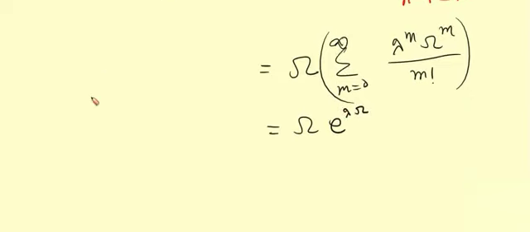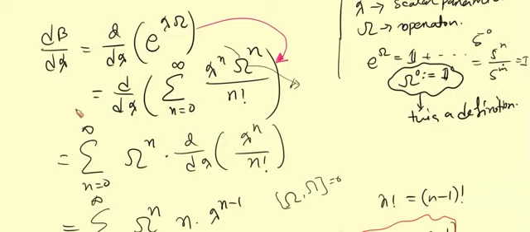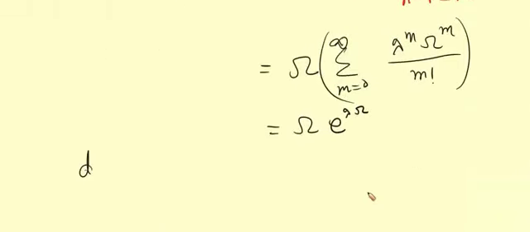So what we finally got is dB by d lambda as omega e to the power lambda omega.